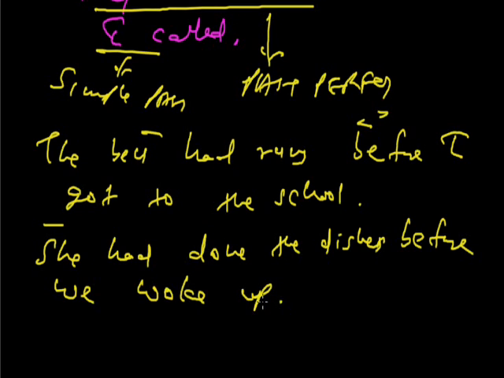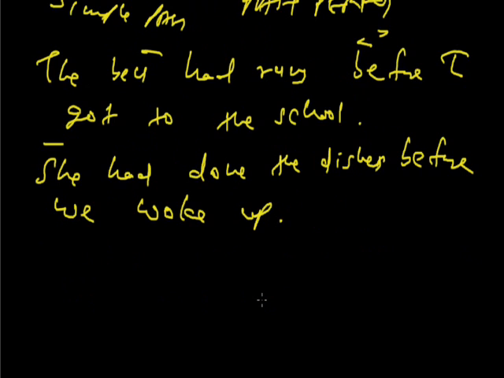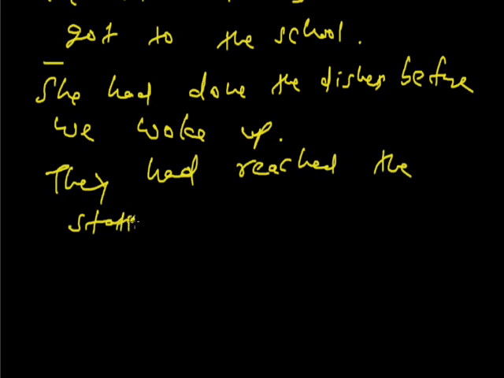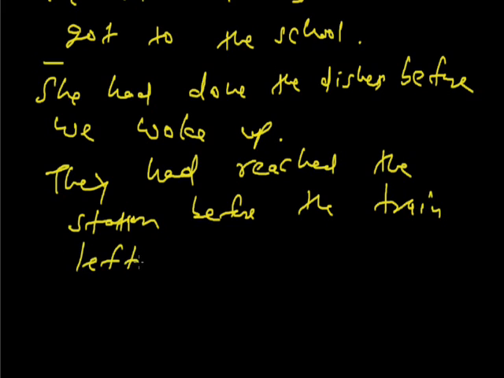Okay, one more example, and then we'll do the negative and the interrogative. They had reached the station before the train left. Well, which is a big achievement in India.